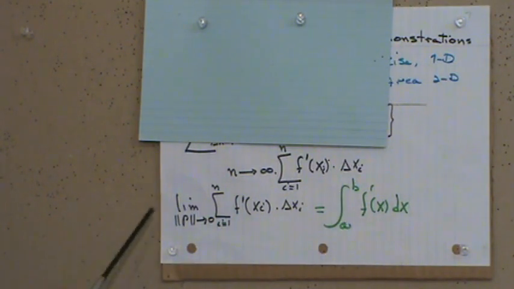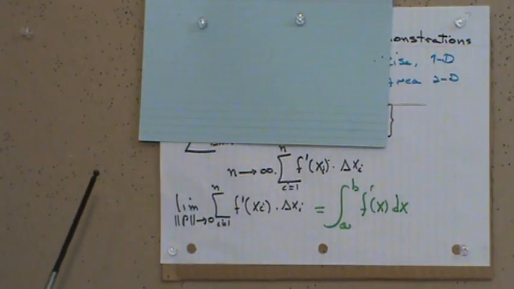Fantastic. And there is another way to say that. Instead of saying n approaches infinity, we can say that the mesh or the norm of the partition approaches zero. There is much more advantage in saying it that way, because then the interval from a to b does not have to be divided into equal subintervals.